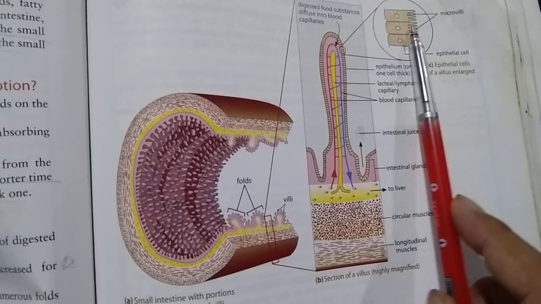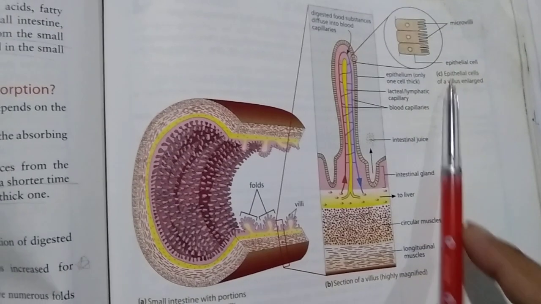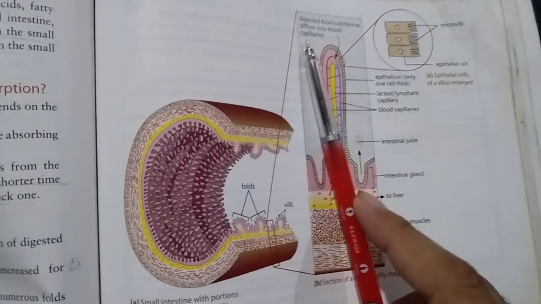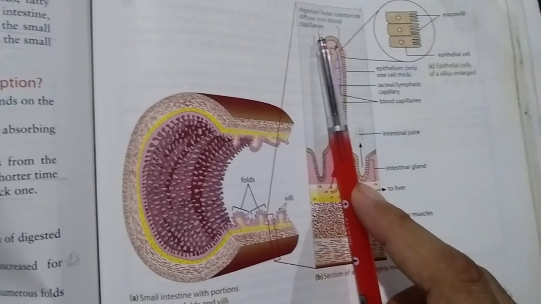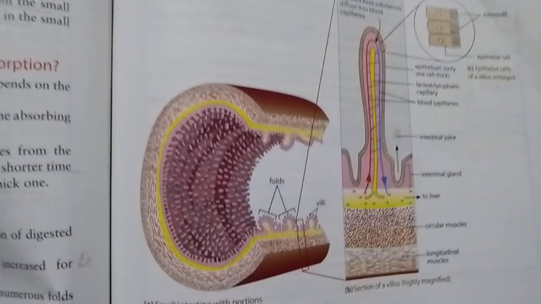Here microvilli are present on the epithelial cells, and digested food substances diffuse into blood capillaries.